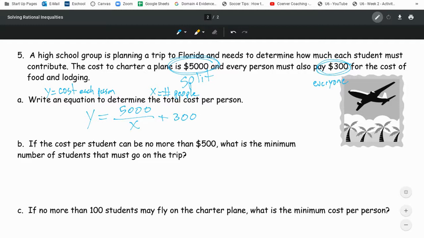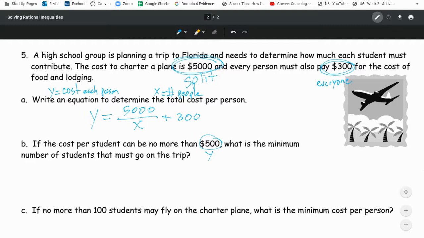So now it says if the cost per student can be no more than $500, so this is my y, what is the minimum number of students that must go on the trip? So we simply use this equation and we plug in 500 for y, and then we solve for x.